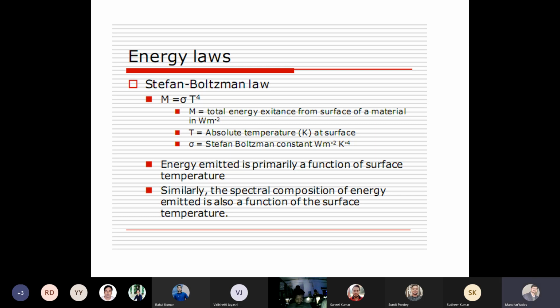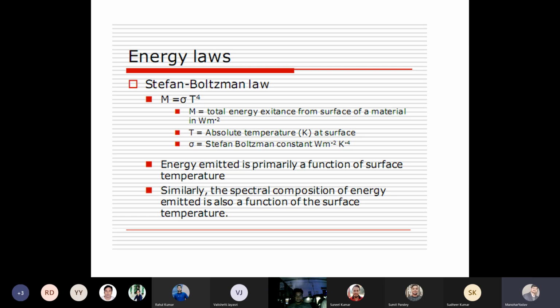Due to that generated energy, the surface temperature of the sun increases, and due to the increase in temperature, the equivalent amount of energy is radiated back. So temperature can be correlated with the total amount of energy emitted from the source. They are related: M is equal to sigma T to the power 4. It is called the Stefan-Boltzmann law.